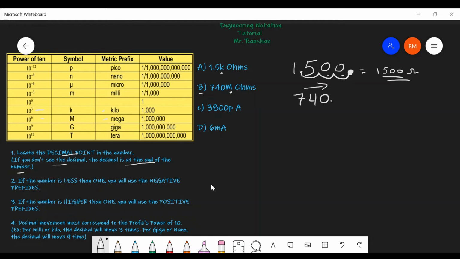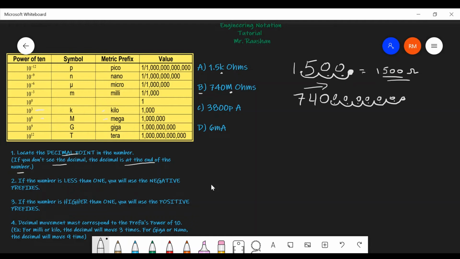Now, M is 10 to the 6th. That means we move it 6 times. And which way do we move it? To the right, to the right. 1, 2, 3, 4, 5, 6. Place the decimal here. Now, all these empty cups you see, they will receive a 0. Put 0 on top, 0 on top, 0 on top, 0 on top, 0 on top, 0 on top.